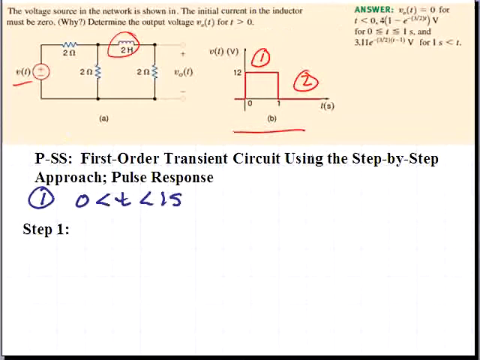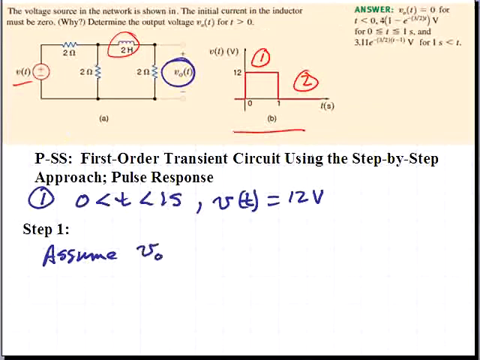We'll go through the 6 steps of the step-by-step approach. During this interval, the source voltage is equal to 12 volts. The first step is to assume the form of the solution for vO(t), which is the desired output voltage.